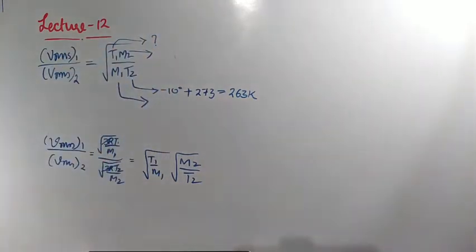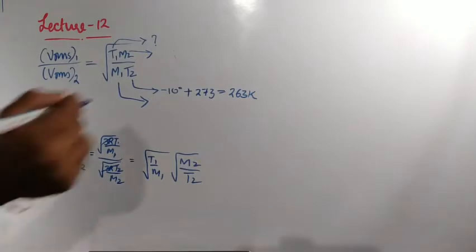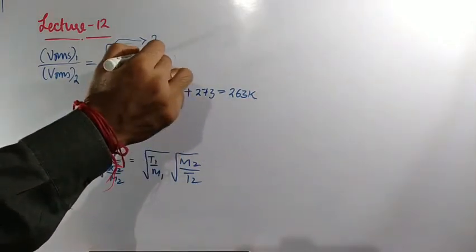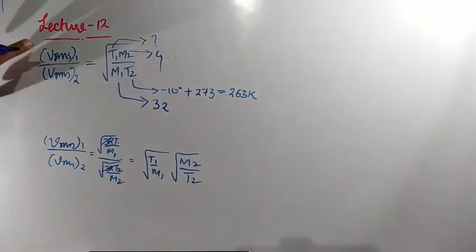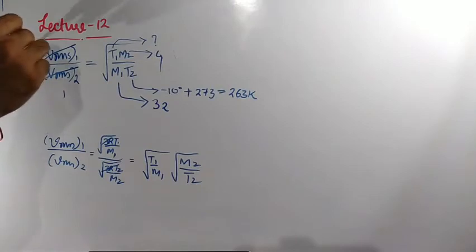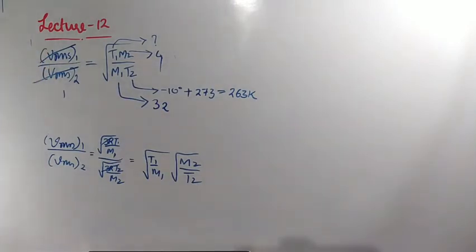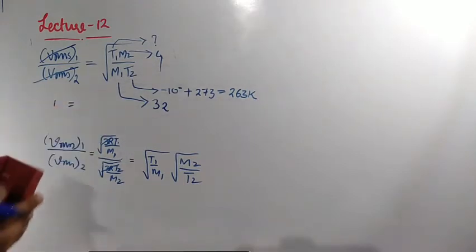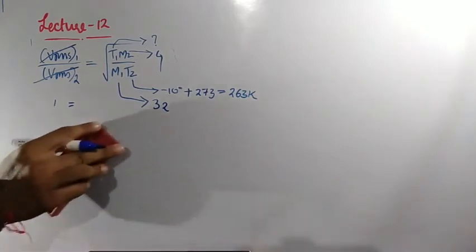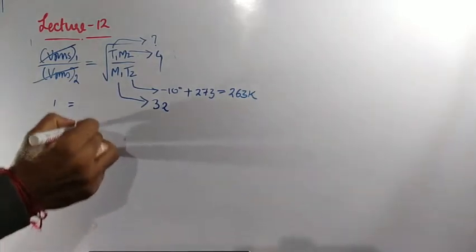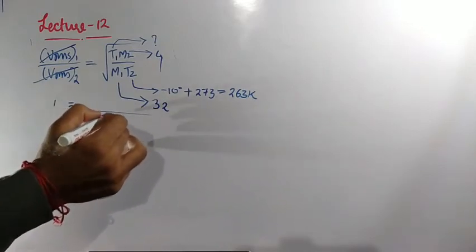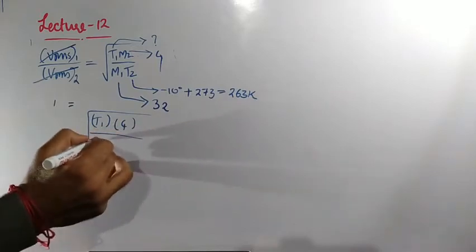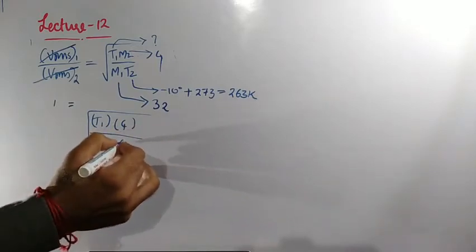M2 is for helium, and the value given is 4. VRMS 1 and VRMS 2 are equal, so they will get cancelled, and on the left hand side 1 remains. On the right hand side, inside the root we have T1, M2 which is 4, M1 which is 32, and T2 which is 263.